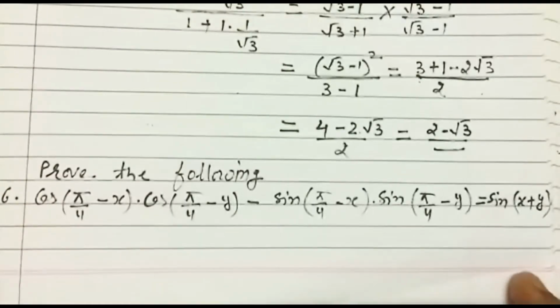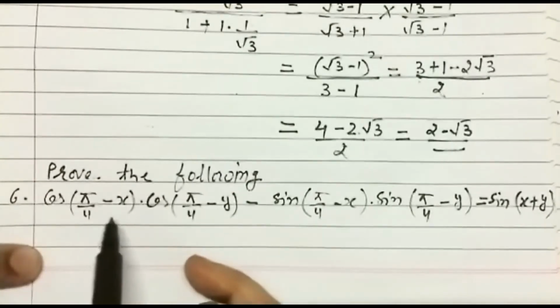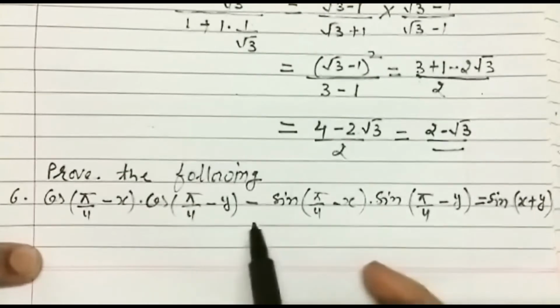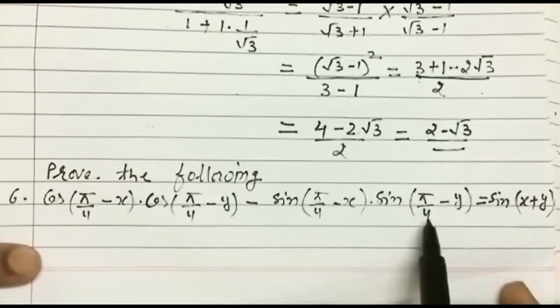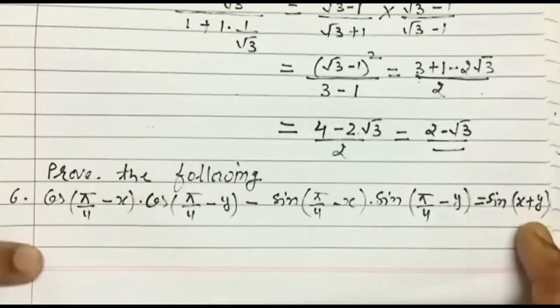Next question is, prove the following. Question: cos(pi by 4 minus x) into cos(pi by 4 minus y), minus sin(pi by 4 minus x) sin(pi by 4 minus y) is equal to sin(x plus y).